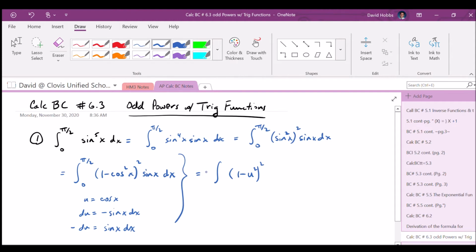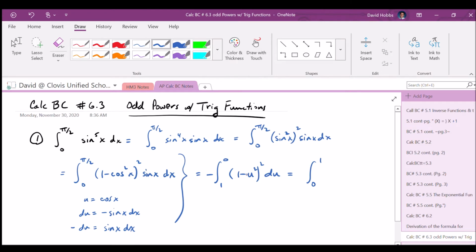And here's my negative du, because my negative du replaces the sine x dx. Now, also, converting all the way to u-land, cosine of 0 is 1, and cosine of pi over 2 is 0. Notice how it goes from 1 to 0 right now, and if we switch that, that would actually take care of the negative, so that's a nice thing to do. So I'm going to do that, so 0 to 1, and that takes care of the negative.